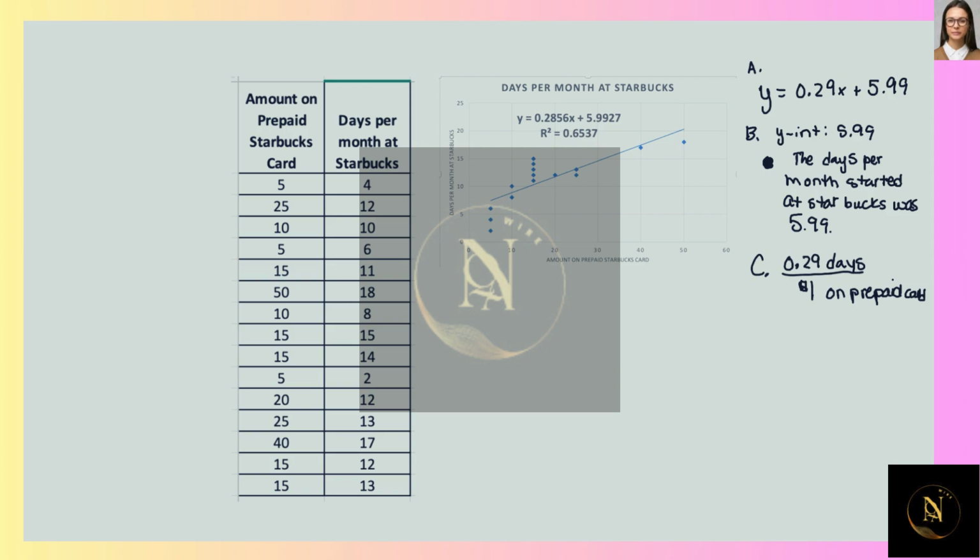And then for D, it says state and interpret the correlation coefficient. So the correlation coefficient equals 0.8085, which means that there is a strong positive correlation.